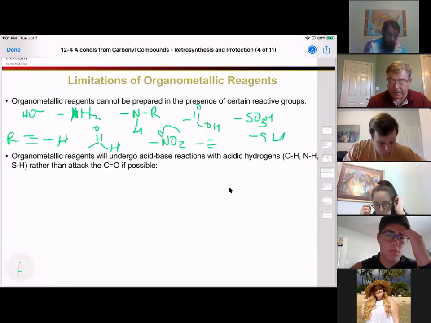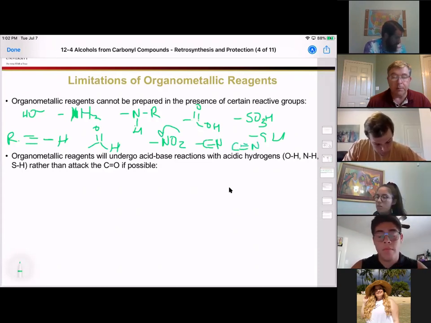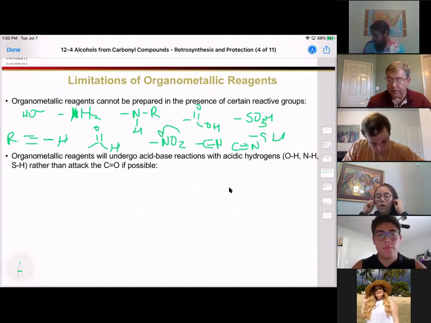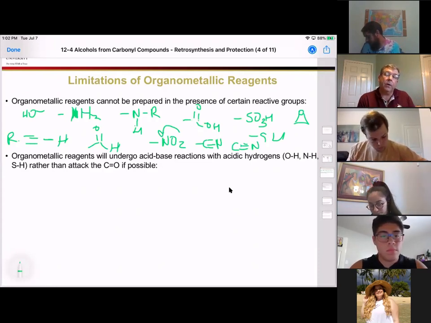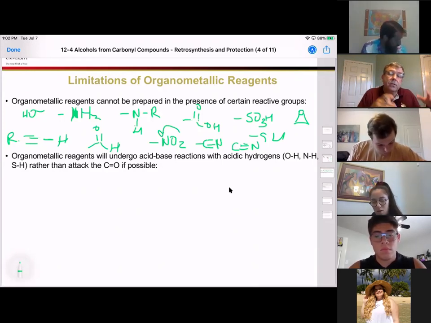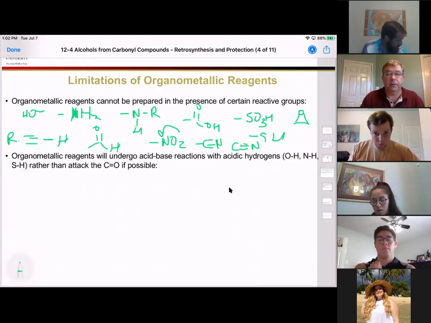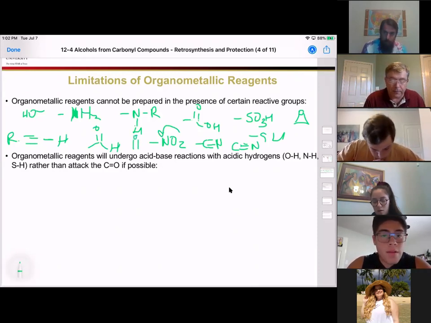You can't have cyano groups, the C triple bond N group, because it's going to react like a carbonyl too. And of course, you can't have any epoxides on any of your groups. This goes for not only the substrate you're working with, or the chemical you're reacting on specifically with your organometallic reagent. You can't have any of these things in the solvent you're using for the reaction. So you can't use acetone as a solvent because it would react with your organometallic reagent. Okay.